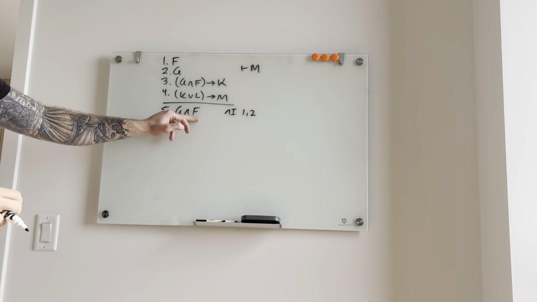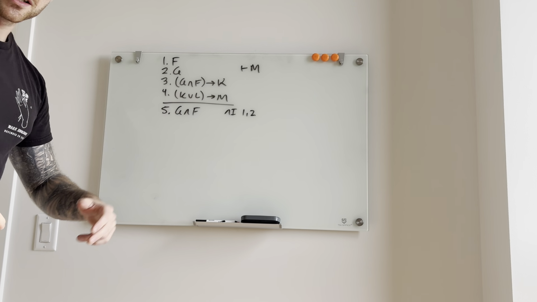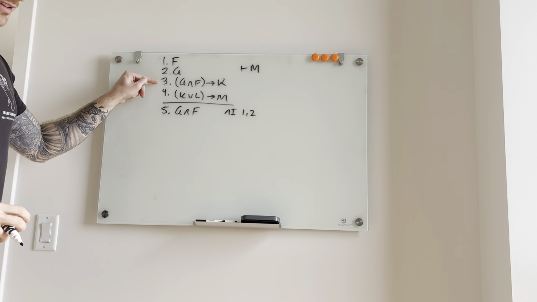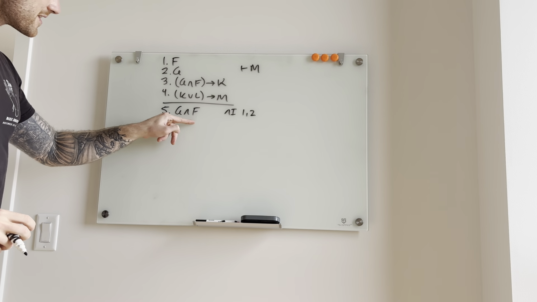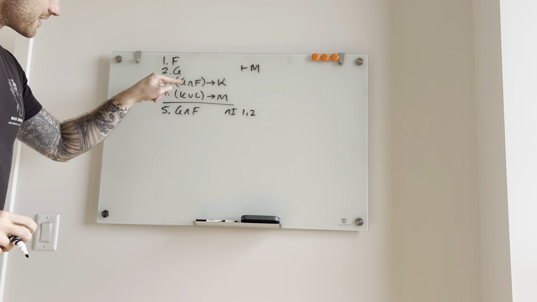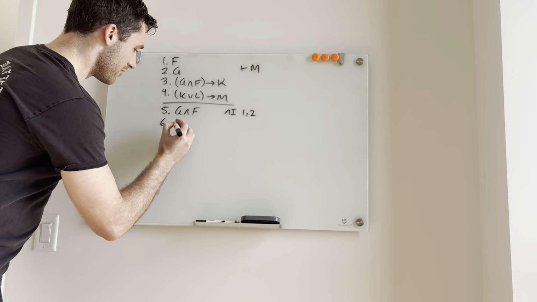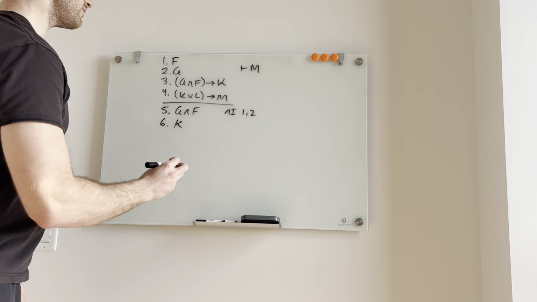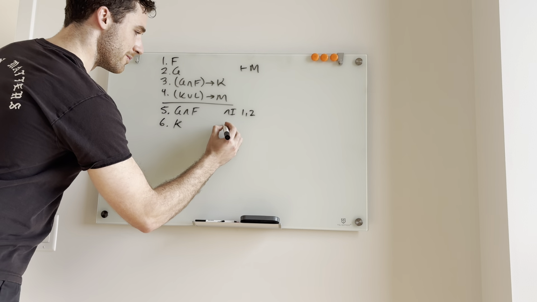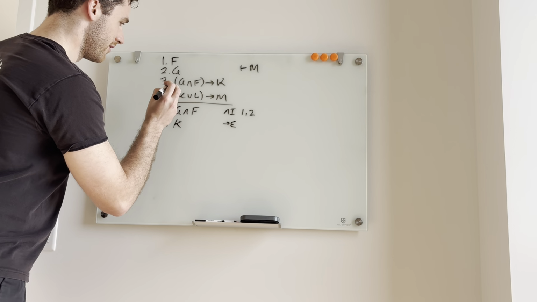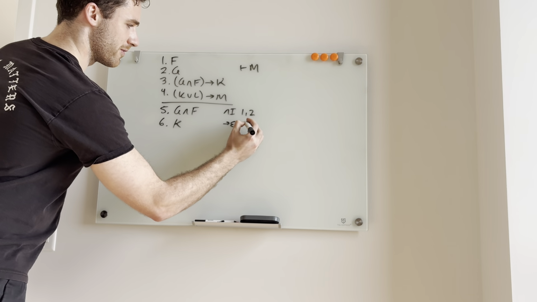Now, this sentence implies K, right? That's what line 3 tells me, is that this sentence right here, there it is, that thing implies K. So now you can write K. And that's going to be arrow elimination, just like on the last problem, right? 3 and 5.